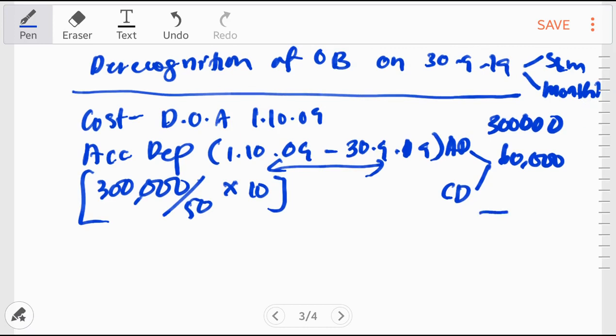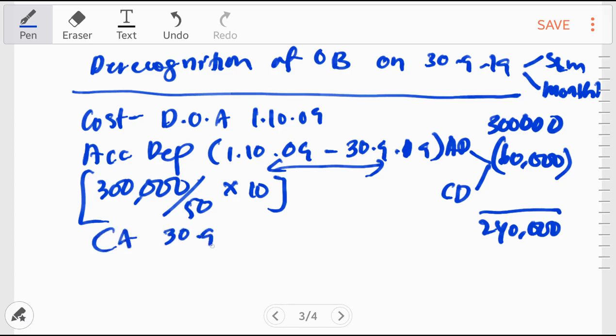So we'll split that up later. So you get 240,000. That is the carrying amount as at 30th of September 2019.